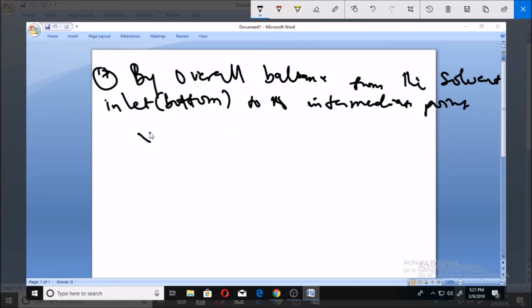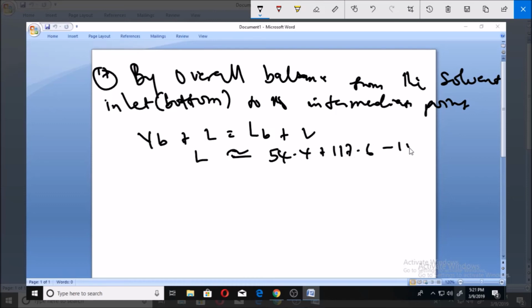We are going to have that VB plus L, which is equal to LB plus V, where L is approximately equal to 54.4 plus 117.6 minus 100, equal to 72.0.